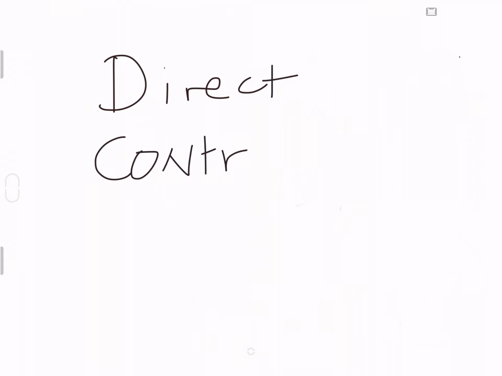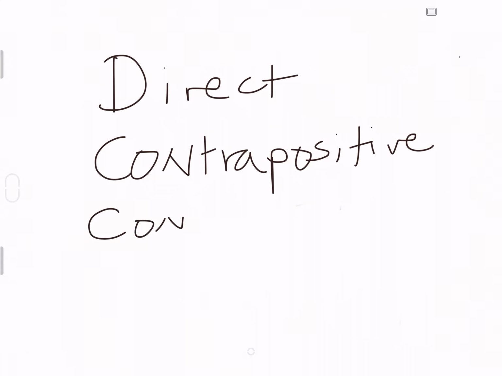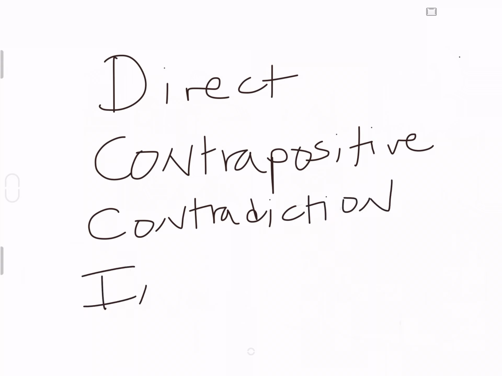Okay, so there's basically 4 types of proof. There's direct proofs, there's contrapositive, so direct proof, by contrapositive, oops, messed up there. Contradiction, and induction.